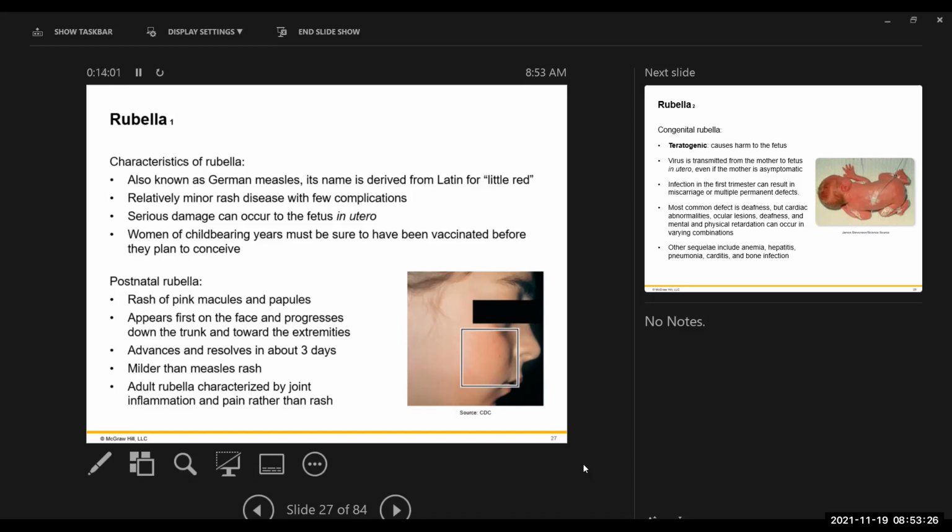This is also caused by an RNA virus that is transmitted primarily through respiratory droplets. This is a togavirus. So it's a different type of RNA virus. This has a 14-day incubation period.